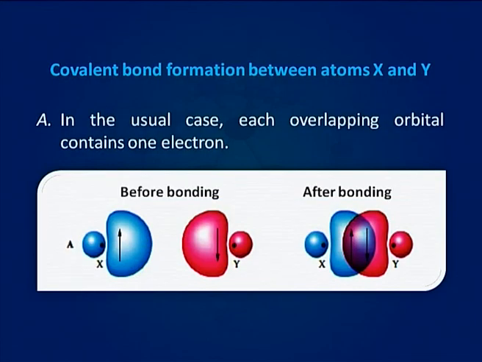In the formation of coordinate covalent bond in a complex, however, a ligand orbital containing two electrons overlaps an unoccupied orbital on the metal atom. Here you can see, in the usual case, each overlapping orbital contains one electron and a covalent bond is formed.